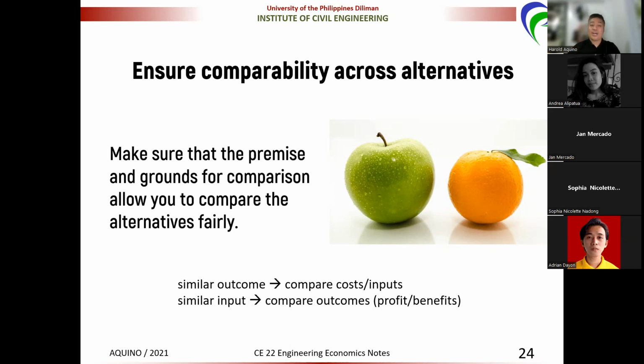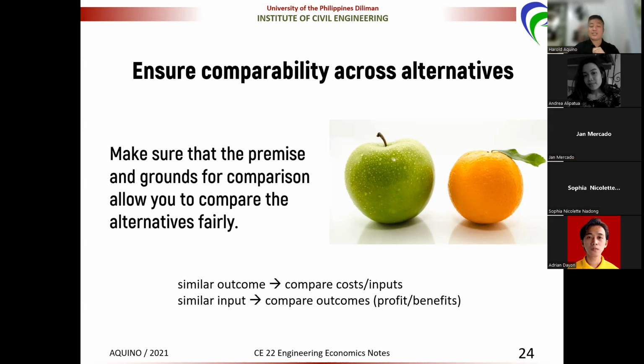This is the third principle, that we ensure comparability across alternatives. No? So we make sure that the premise and grounds for comparison allow us to compare the alternatives fairly. So we don't compare apples with oranges. So we make sure that we're able to do a fair comparison by using the same unit of measure and using the same perspective. For two projects with similar outcome, we can easily compare costs and inputs.